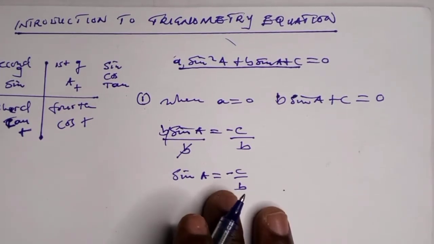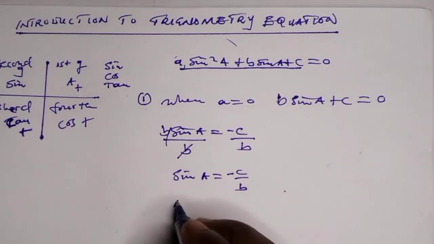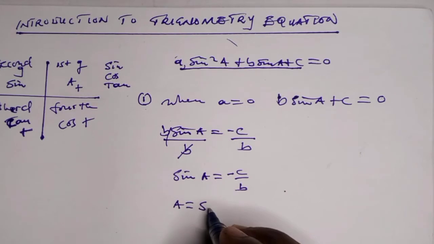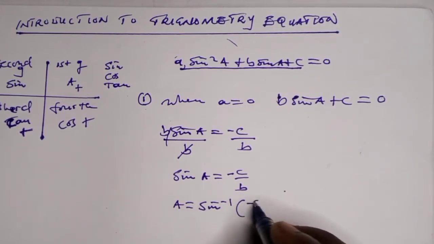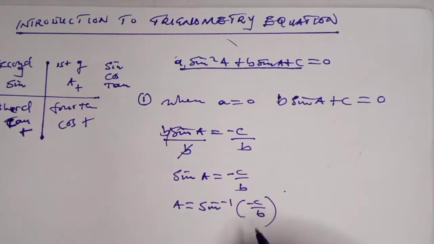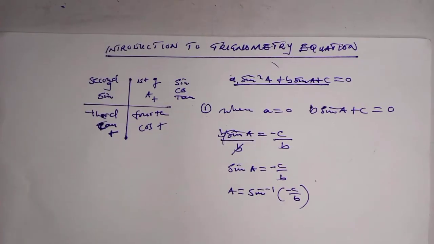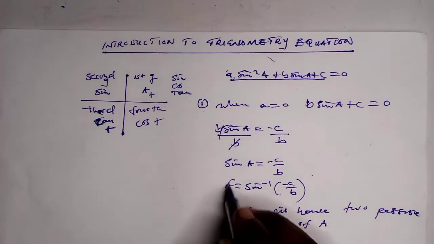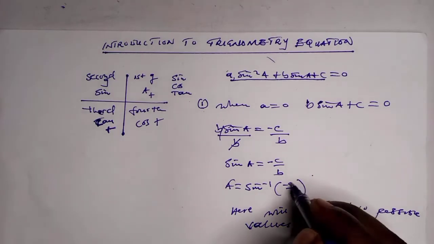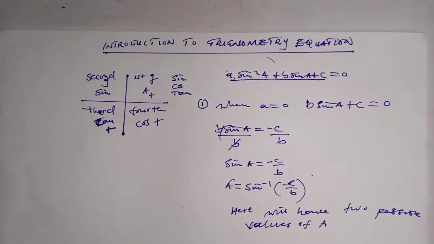And when finding the angle, it will be A equals sine inverse of minus c over b. We are going to have two possible values of A for this kind of equation.